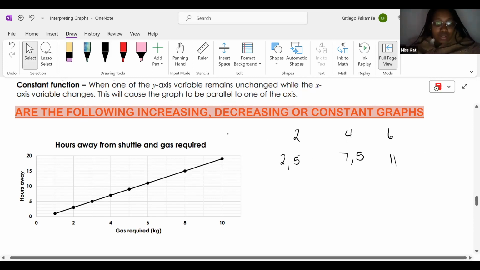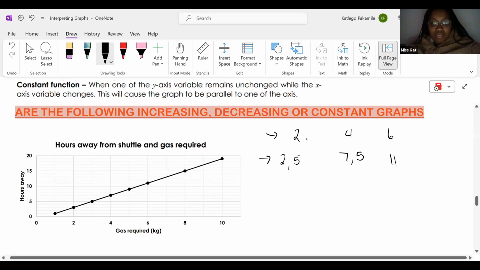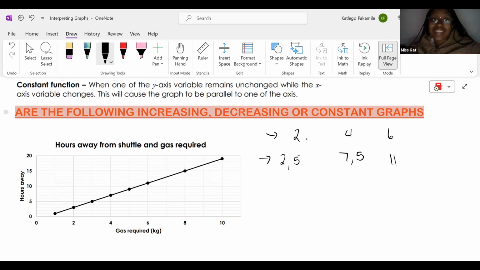Let's look at the gas required in kgs. 2, 4, 6. Is that increasing or decreasing? That will be increasing, right? And then you look at the hours away. 2.5, 7.5, 11. That's also increasing. So if both variables are going up or both are going down, no, never mind.